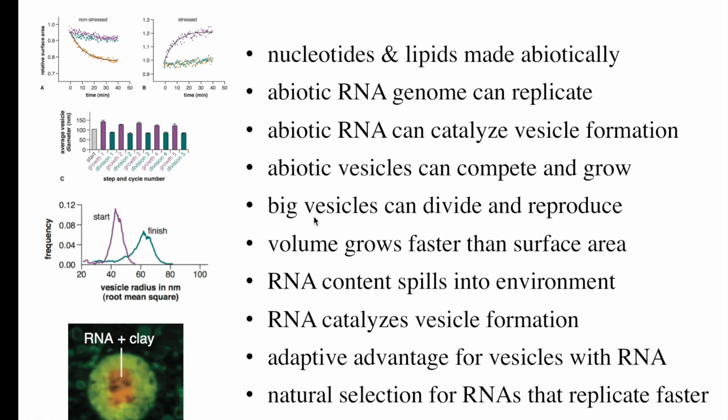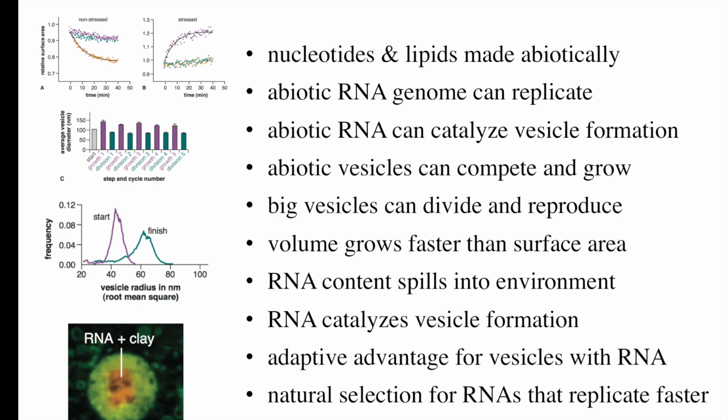If you force them through the filter, they can divide and reproduce. I didn't show you that evidence for volume grows faster than the surface area. The RNA that is in the environment can be taken up by vesicles, as shown by these experiments that labeled phospholipids in green and RNA in clay in red.